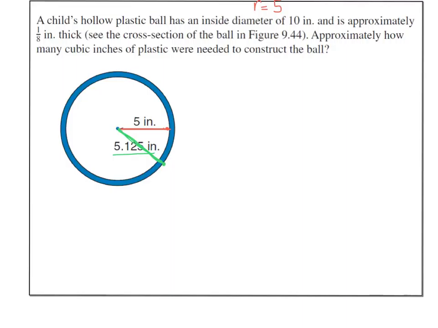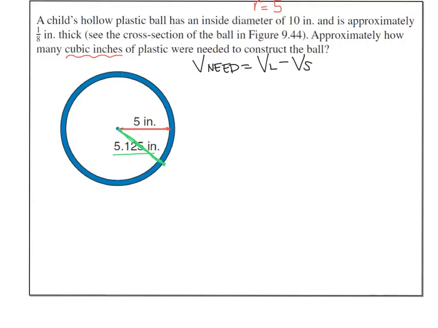So you need to figure out how many cubic inches, and that should also be a hint to you that we're looking for volume. So I'm going to do the volume of the larger piece, right? So all the way outside, because I know that the volume needed is equal to the volume of the larger minus the volume of the smaller.